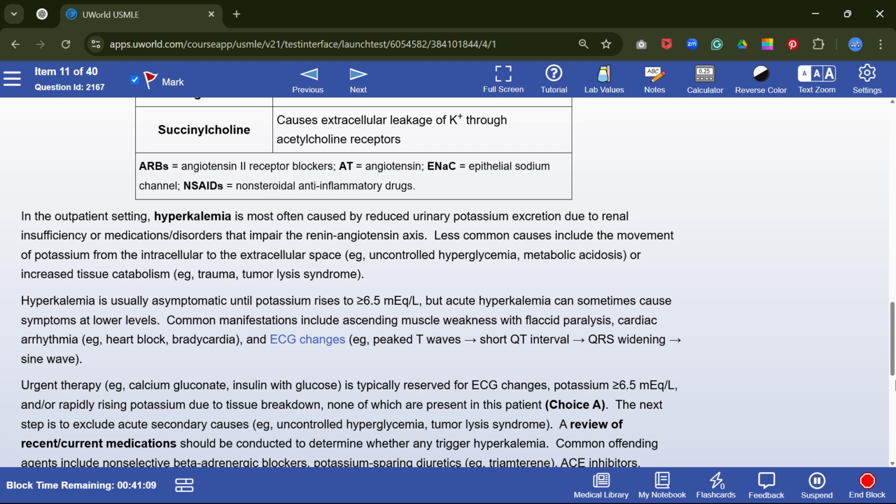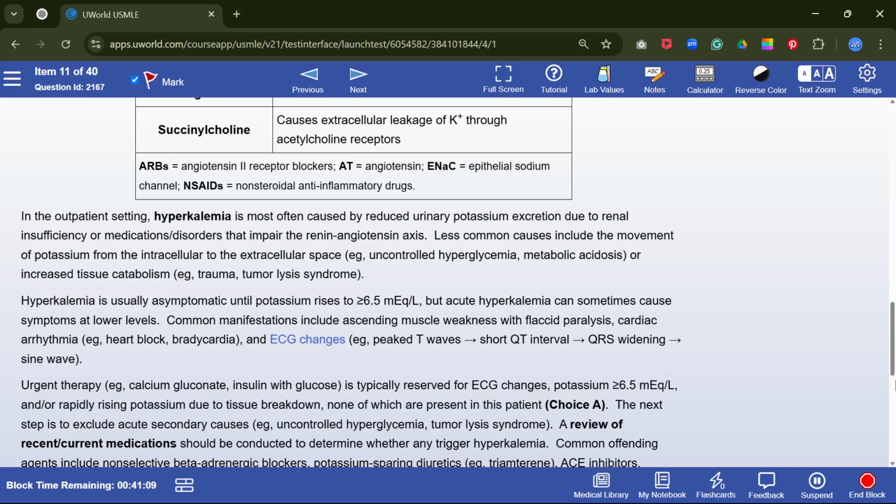Common manifestations include ascending muscle weakness with flaccid paralysis, cardiac arrhythmia, heart block, bradycardia, ECG changes, peaked T wave, short QT interval, QRS widening, sine wave.